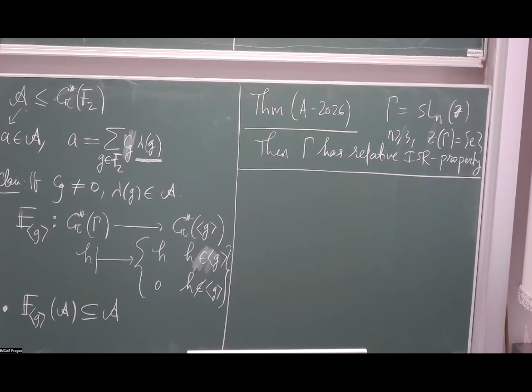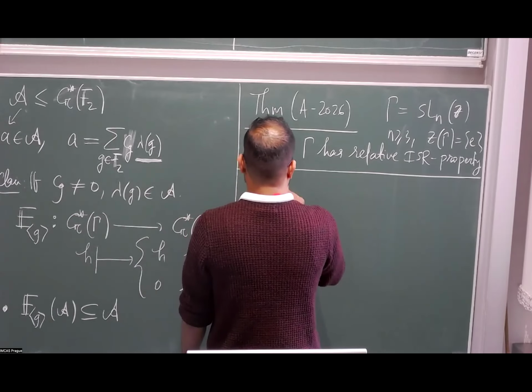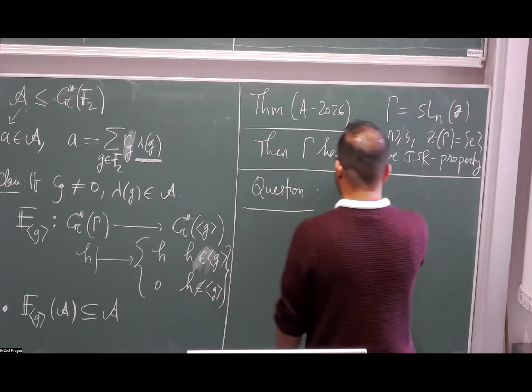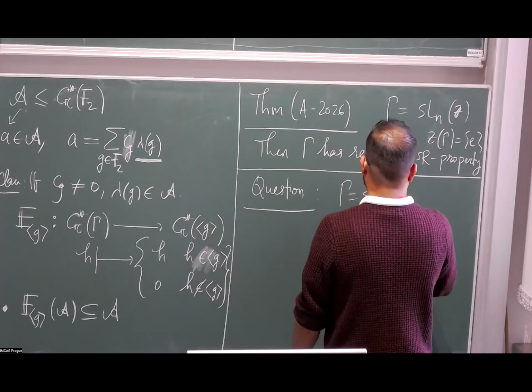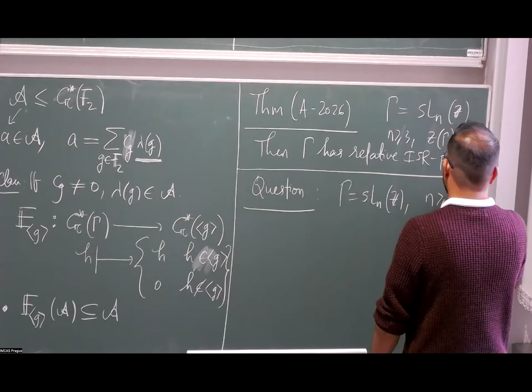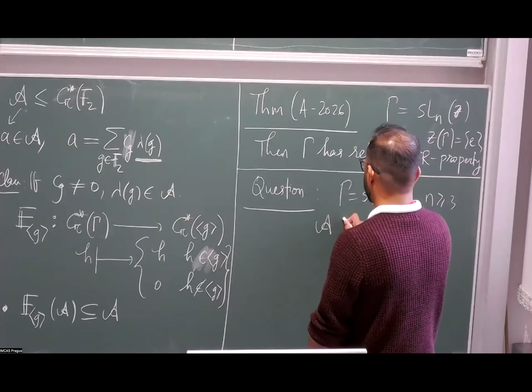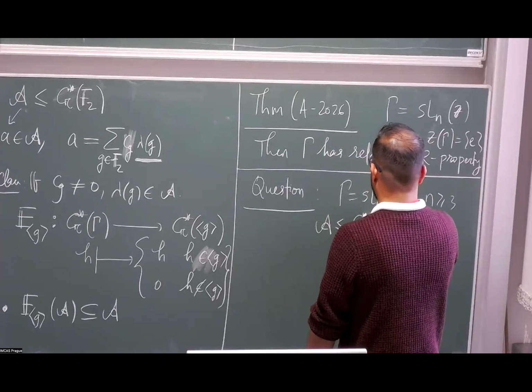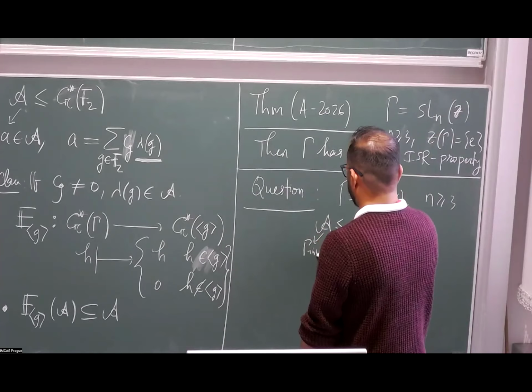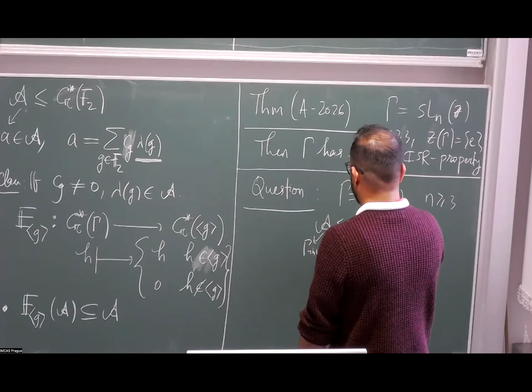So for example, I don't even know how to prove that. So this is an interesting question in its own right. So take gamma to be SLNG, n bigger than or equal to 3. Pick A here, which is a gamma invariant unital C-star subalgebra.